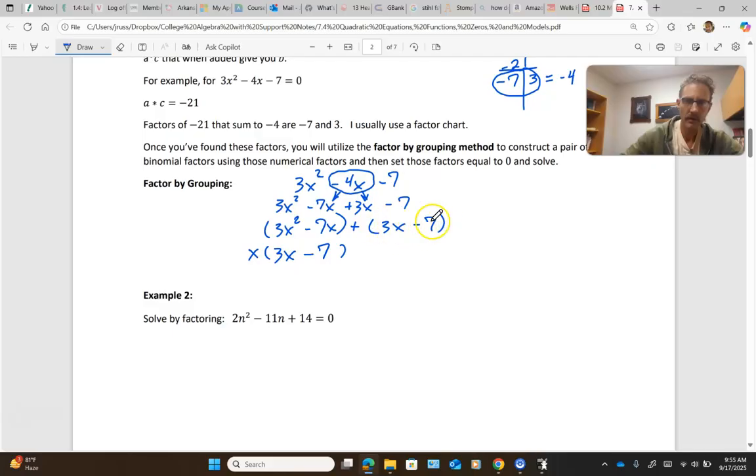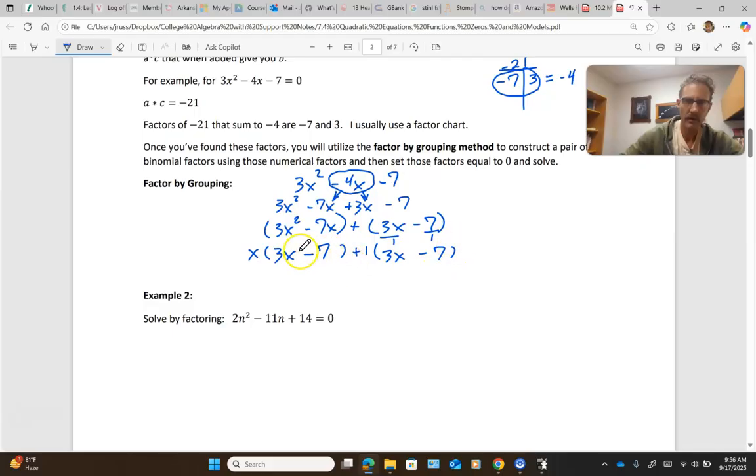In this case, it's going to be a positive 1. So in other words, if I were to take out a positive 1, what would I have left? Or in other words, if I've gone back and divided each of these by positive 1, well, they're going to remain the same. That's what happens when you divide by 1. Okay. You get 3x minus 7.